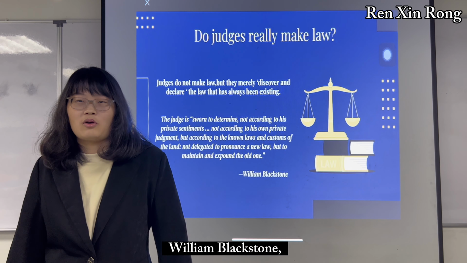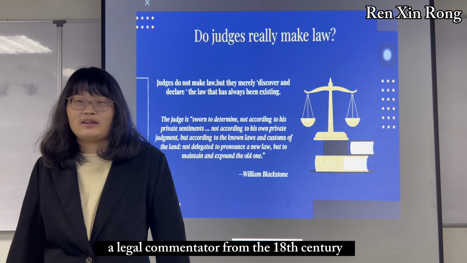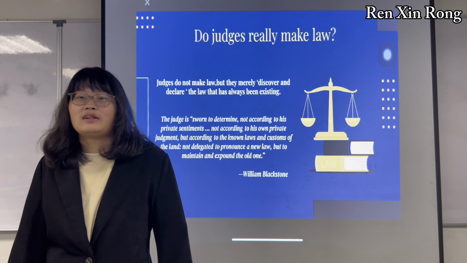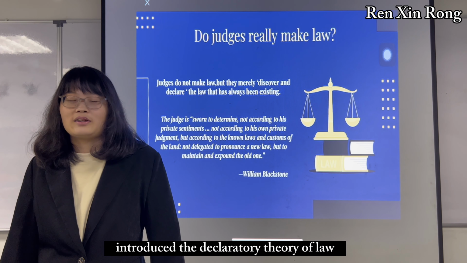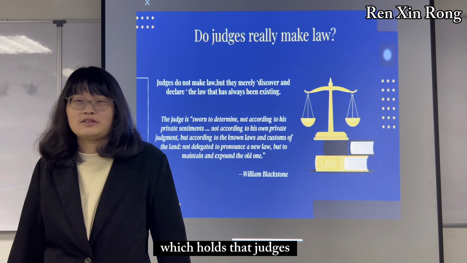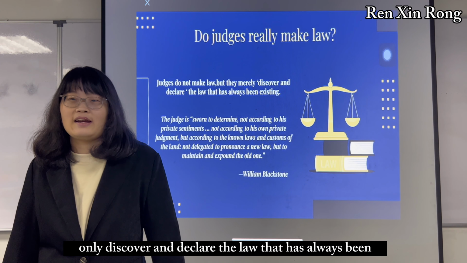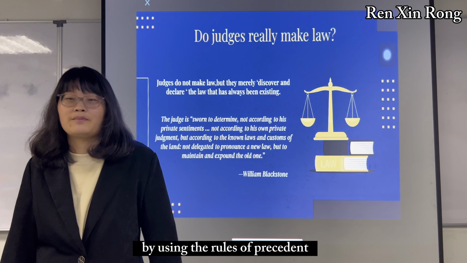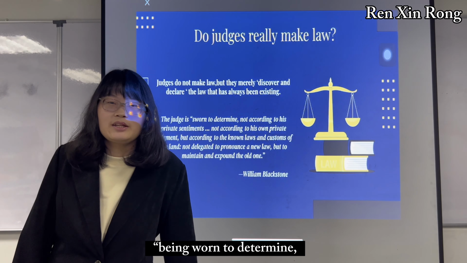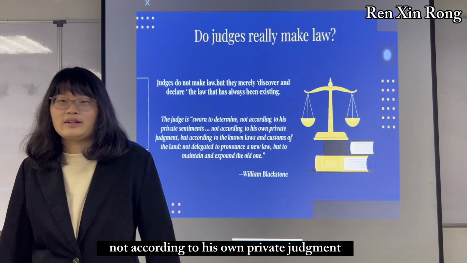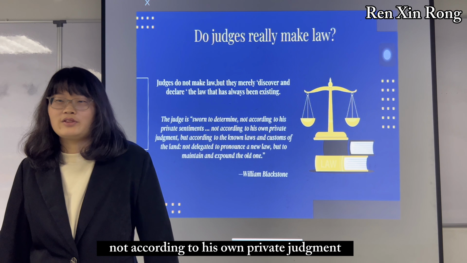William Blackstone, a legal commentator from the 18th century, introduced the declaratory theory of law, which holds that judges only discover and declare the law that has always been, by using the rules of precedent, being sworn to determine law not according to his private sentiment, nor according to his own private judgment.